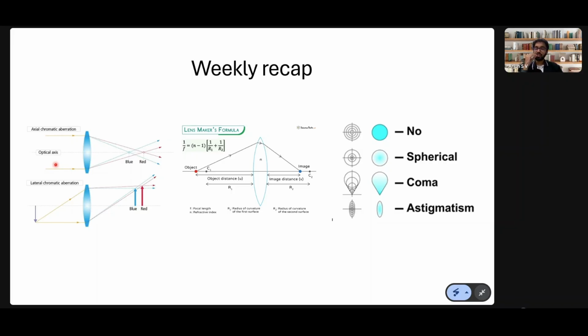As a result, different wavelengths of light split in different ways, and this splitting causes different kinds of aberrations.